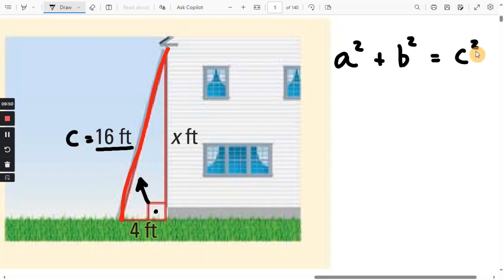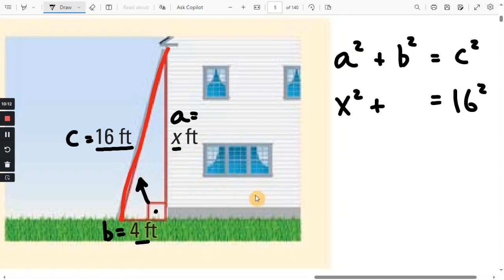That means c squared is going to be 16 squared. A and B, it doesn't matter which is which. I will let the x equal a, and I will let the 4 feet equal b. Okay, so a squared is going to be x squared. B squared is going to be 4 squared.